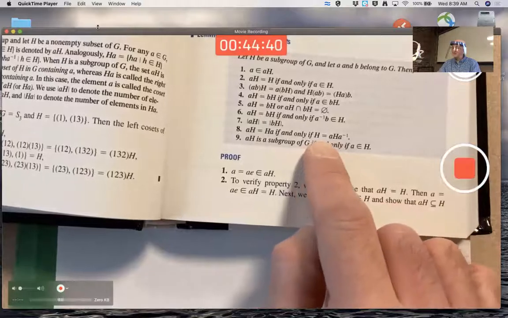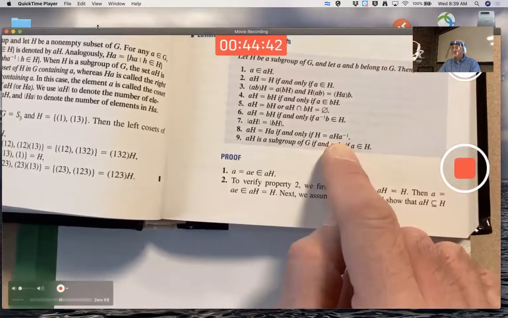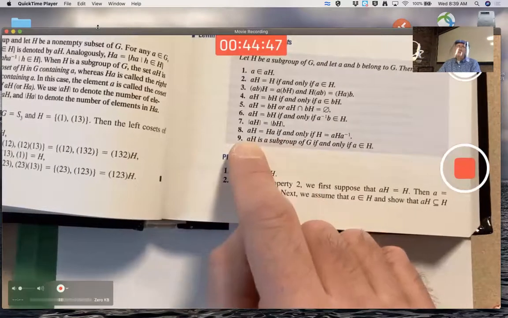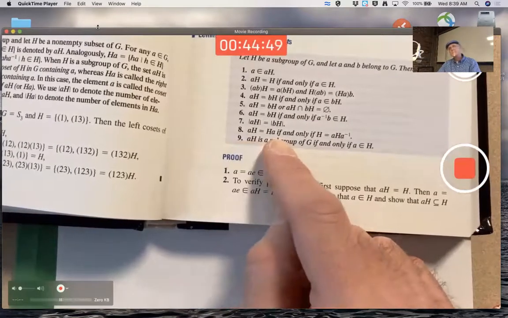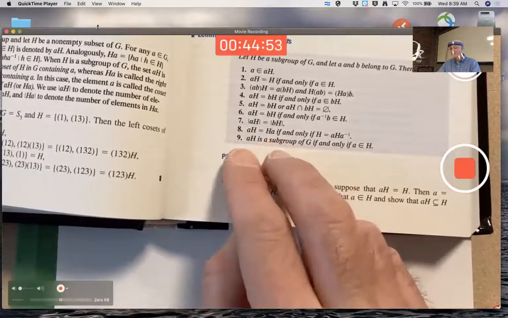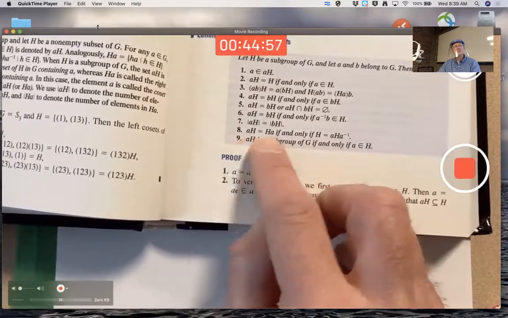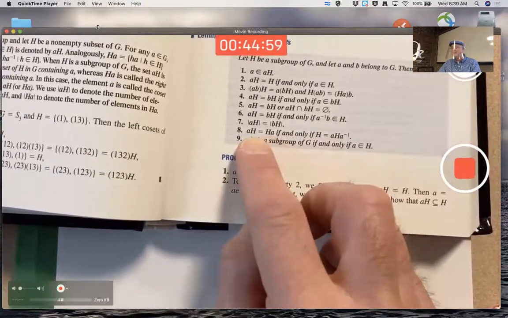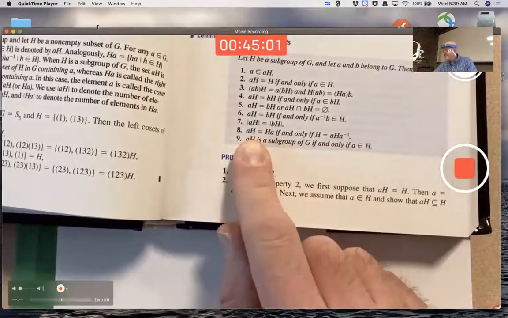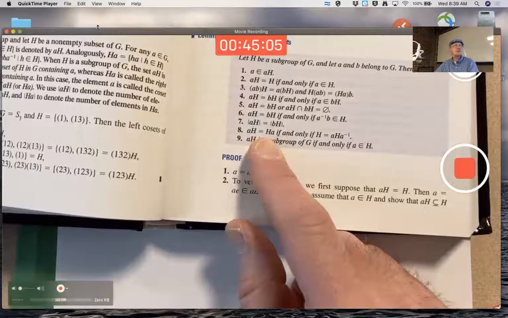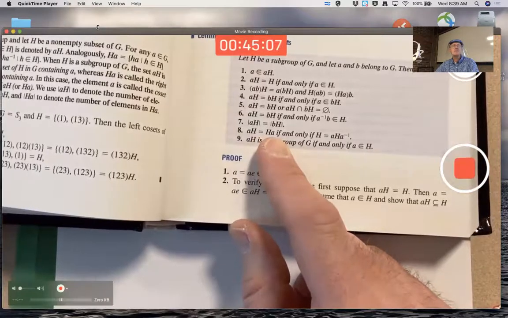When H equals a H a inverse, that's equivalent to aH being Ha, the left coset being equal to the corresponding right coset. Whether H is normal or not, certainly both of these sets contain a itself. Question is whether the other elements are the same.